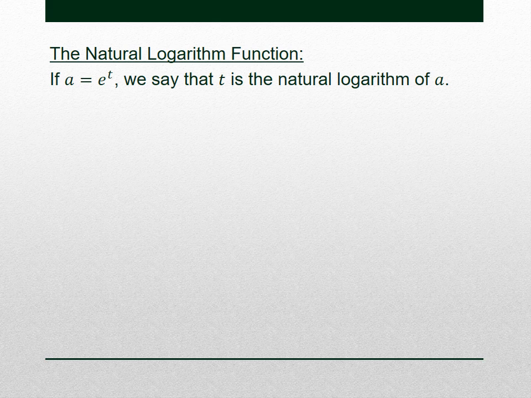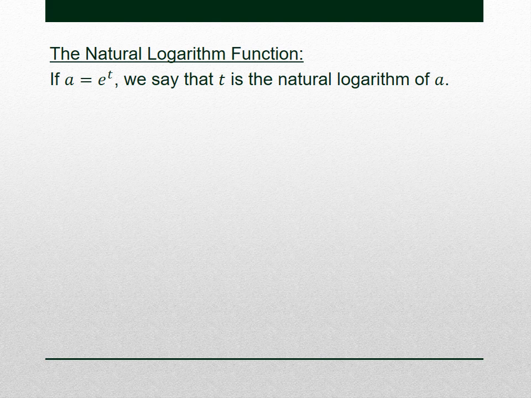So let's start with what is the natural logarithm function. What it really is, logarithms are exponents, right? So if a is e to the t, then t is the natural logarithm of a. So the natural logarithm of a is the number that goes in the exponent of the e to get a. Let me say that another way.